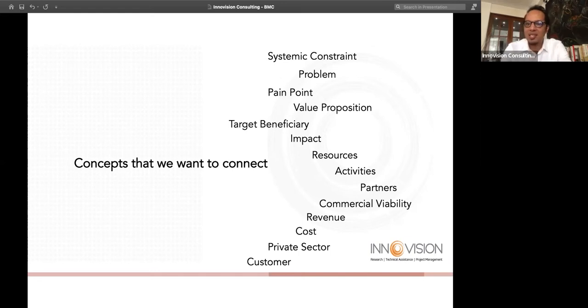And then let's say we are trying to find out who the target beneficiaries are for this intervention, how the target beneficiaries are going to be impacted, what kind of resources and activities we will be requiring, who is the right partner, what will make it commercially viable, what would be the source of revenue in that context, what would be the cost, where is the private sector here, who are the customers here. So we're trying to connect these concepts when we're designing the interventions.